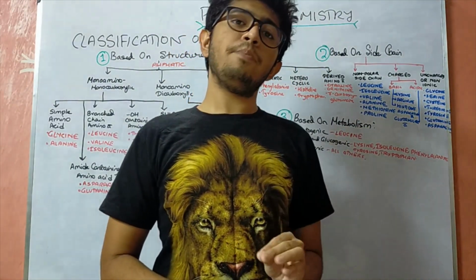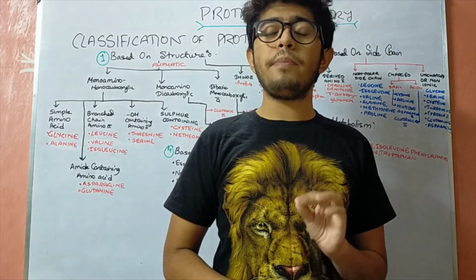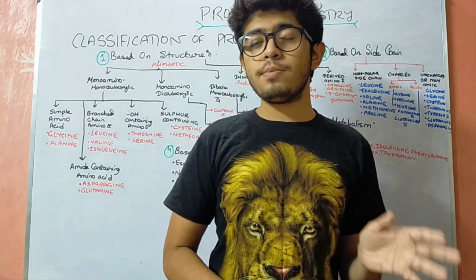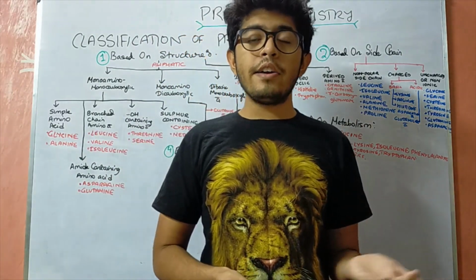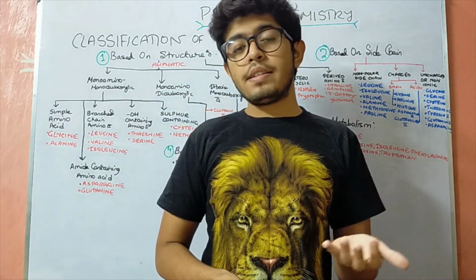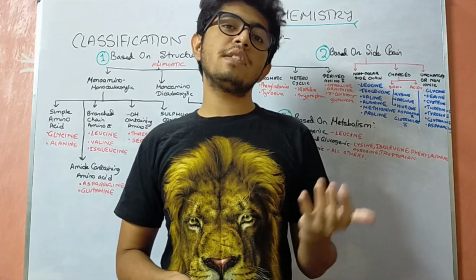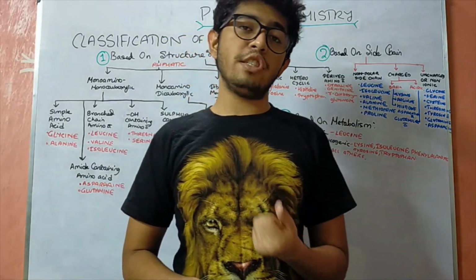Selenocysteine is a very important constituent of glutathione peroxidase or superoxide dismutase, which have properties in scavenging ROS, the reactive oxygen species.